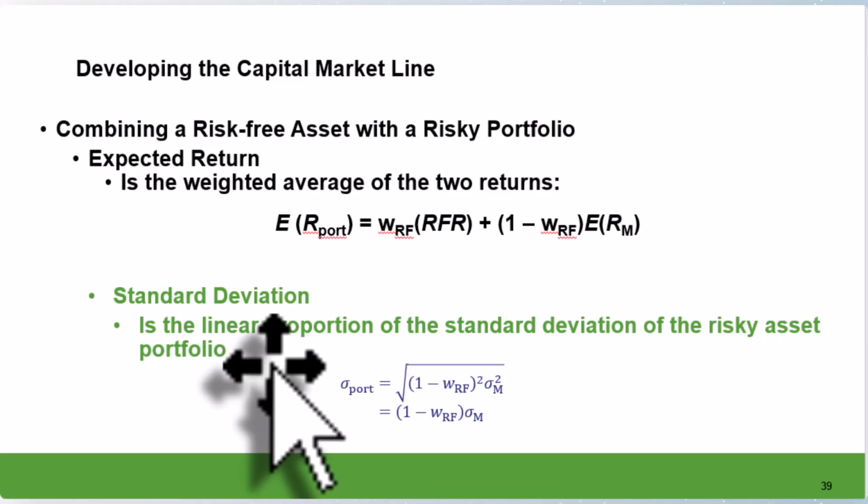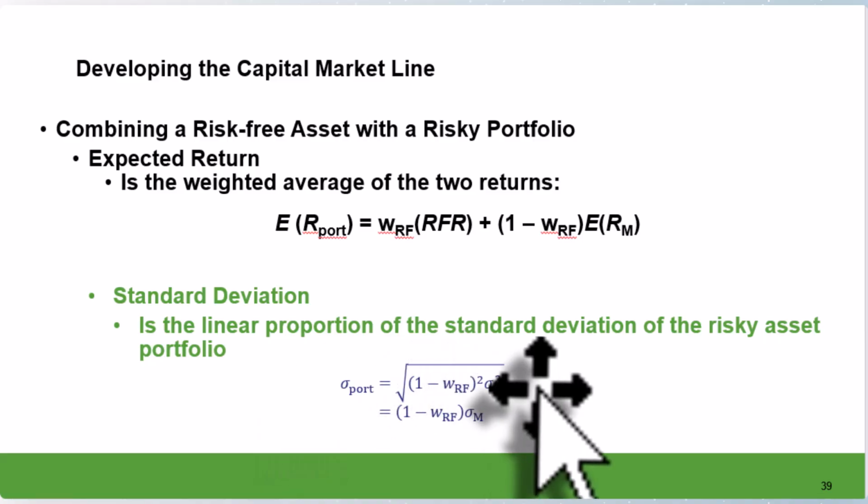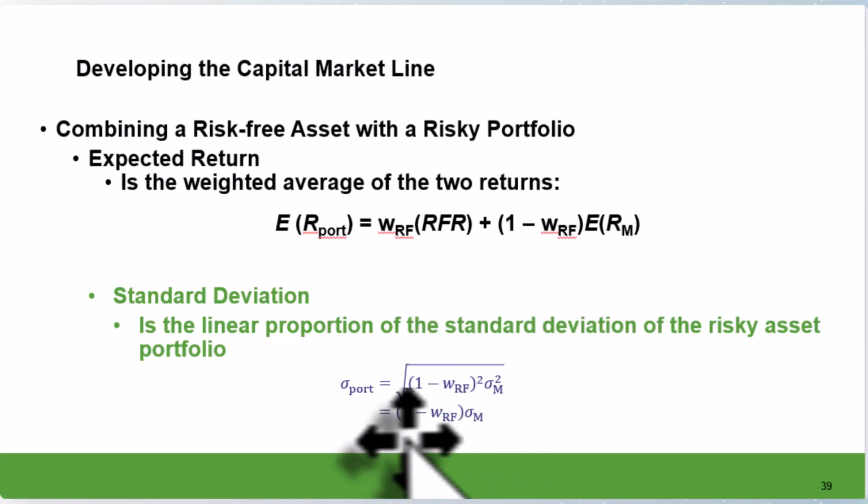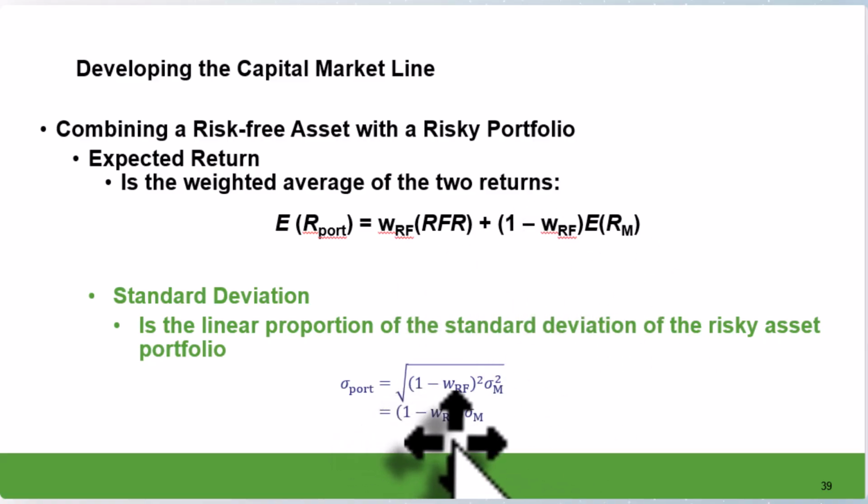So the standard deviation of this portfolio that has risk-free and risky in it is 1 minus the proportion of the risk-free multiplied by the standard deviation of the market. What falls out is the riskiness of the risk-free asset, which is just zero.